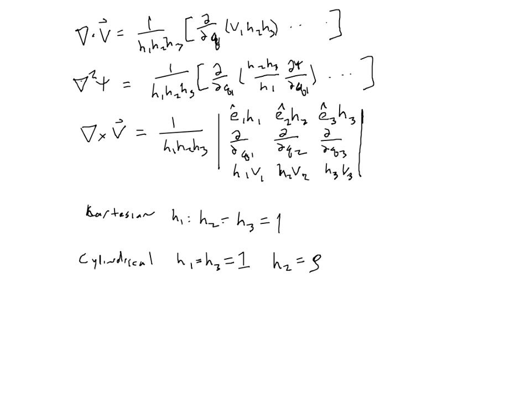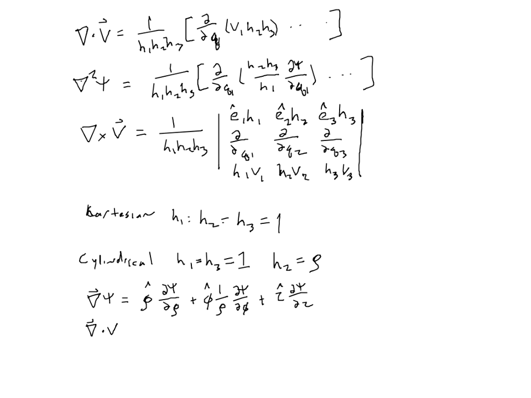And because of that, when you calculate your gradient, it's going to be rho hat partial psi with respect to rho plus phi hat 1 over rho partial psi with respect to phi plus z hat partial psi with respect to z.